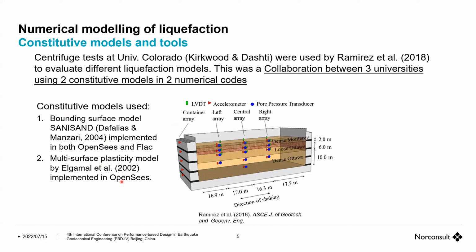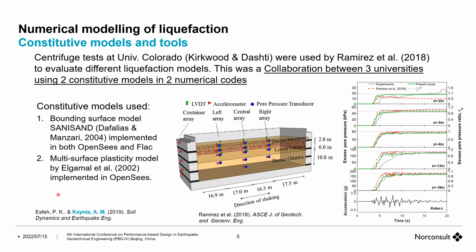We took the same data, and with my former student, we did some 3D analysis. The red and black curves are from the Colorado study, and the green curve is from the study we did, just to show that it's a reliable model.